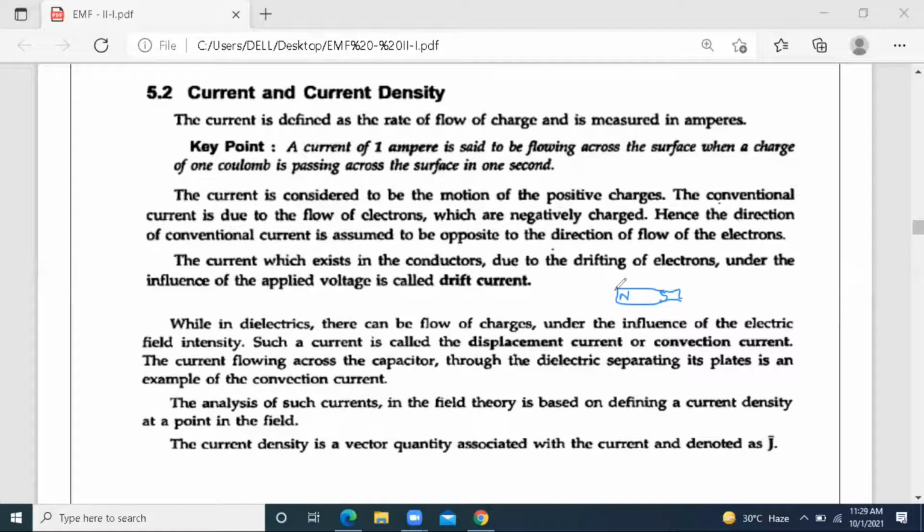Right, so you have these field lines. These are a result of charge generating from one end and terminating on the other.